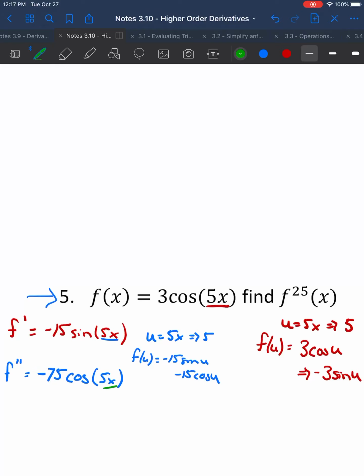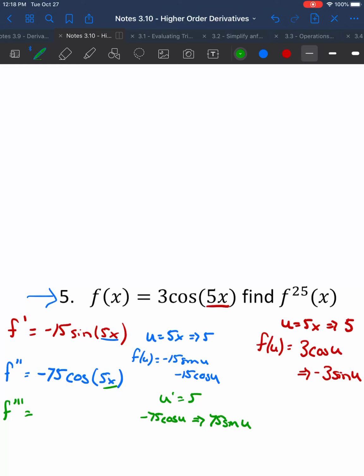Third derivative, I'd have to do a u again, but hey, somebody's starting to notice a pattern. U prime is still going to be 5, but this time I've got negative 75 cosine of u. Derivative of cosine is negative sine, but that's already negative, so I end up with positive 75 sine of u.